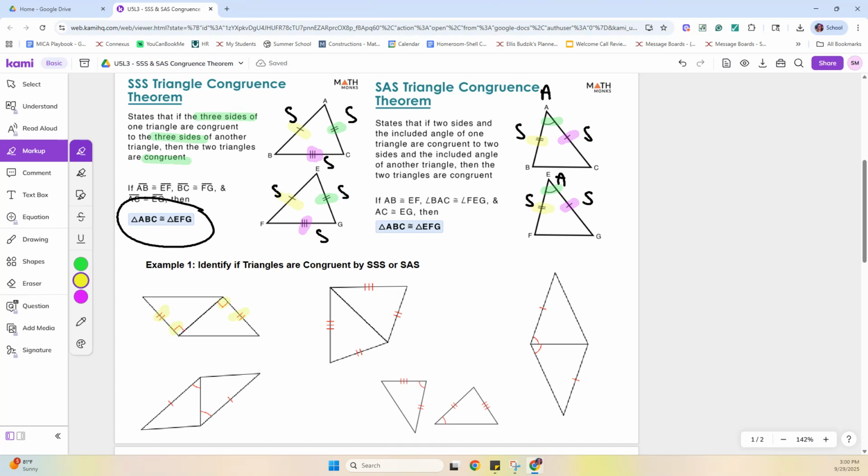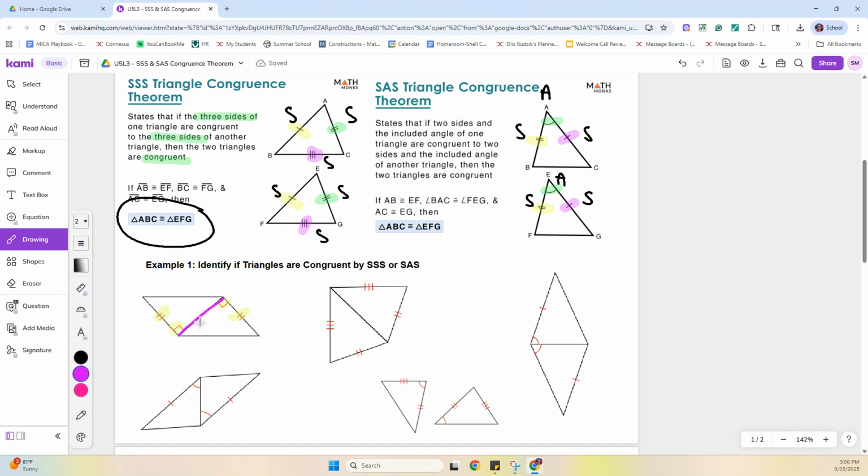Now, I also see that I have these 2 triangles overlapping. They're sharing this side right here. Now, if 2 triangles are sharing a side length, we can say that that side length is equal on both triangles, okay?